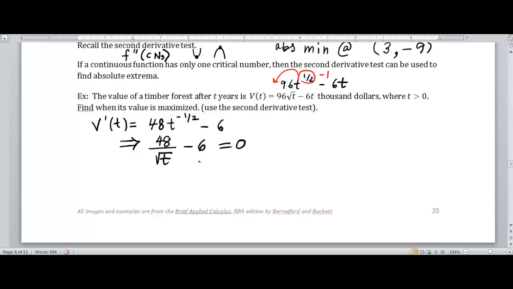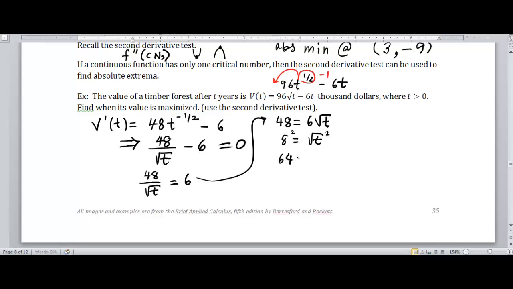When we set it equal to 0, let me add 6 to both sides, multiply by root t, so we get 48 equals 6 root t, okay, and then we divide by 6, so we get 48 over 6, which is 8, is equal to square root of t, and then we square both sides, so we get 64. Okay. So t equals 64. So that's where the derivative is equal to 0.